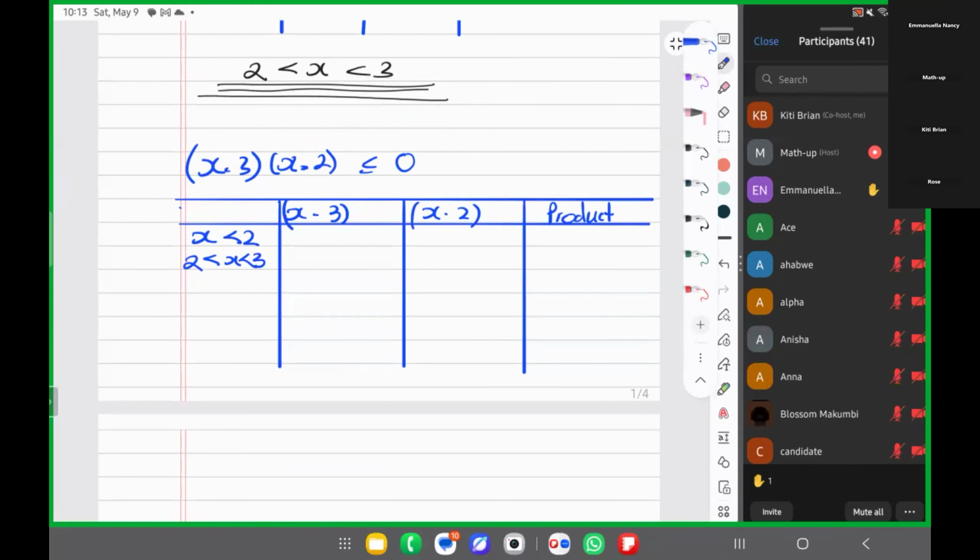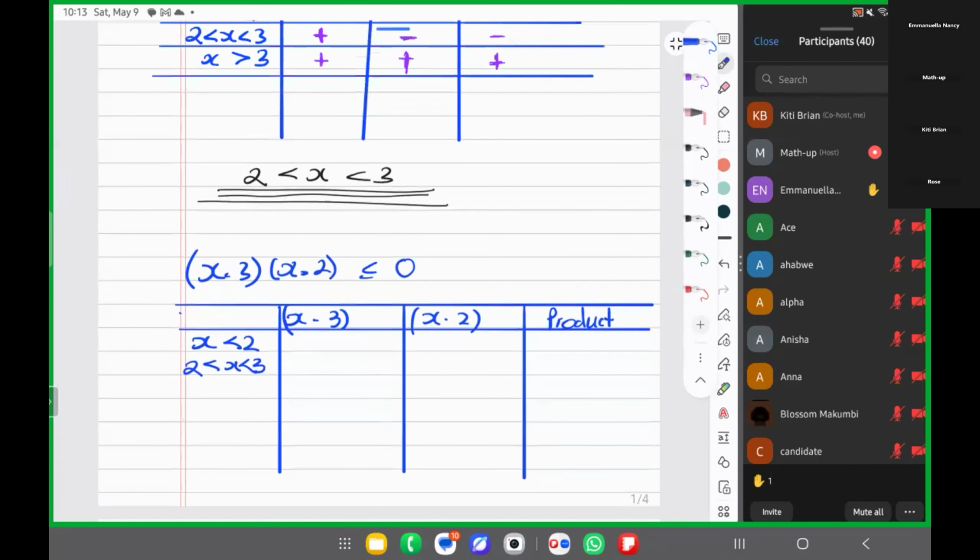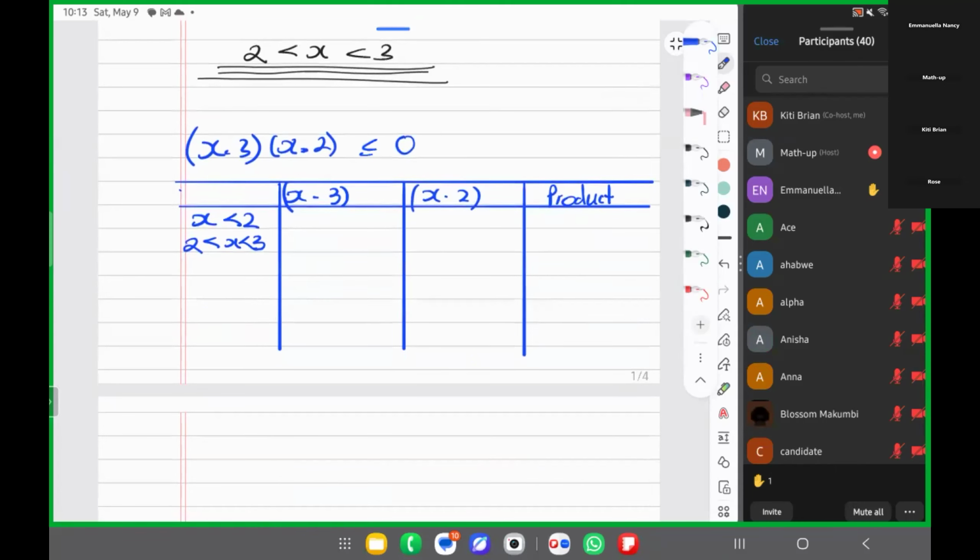So it would be the same thing: x less than 2, x between 2 and 3, and x greater than 3. Those are the ranges we test for. Nothing else changes. Everything else remains the same.